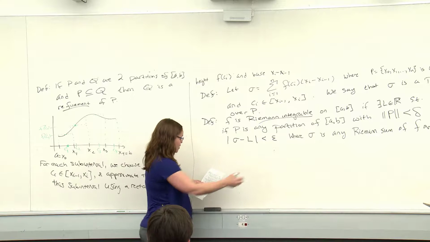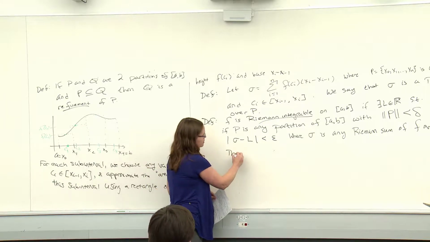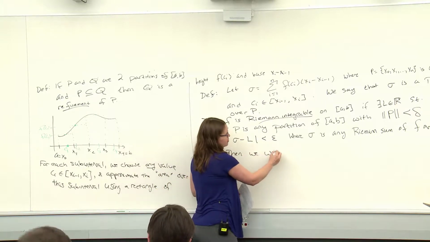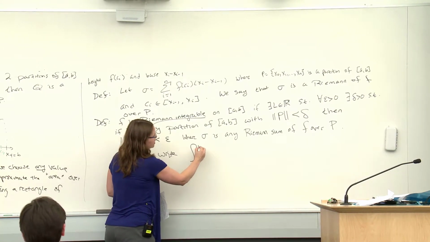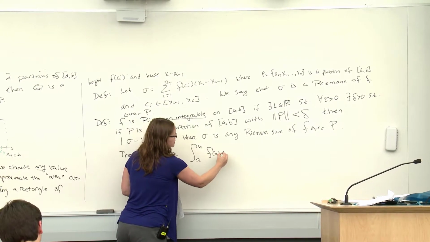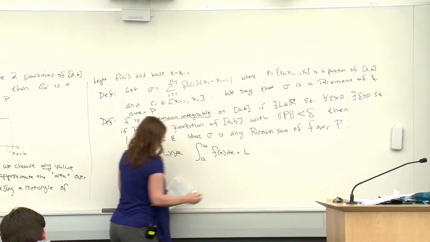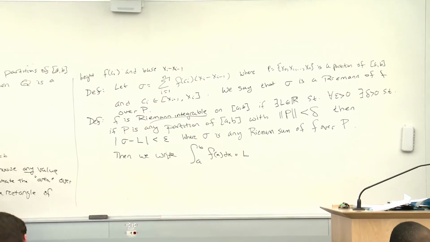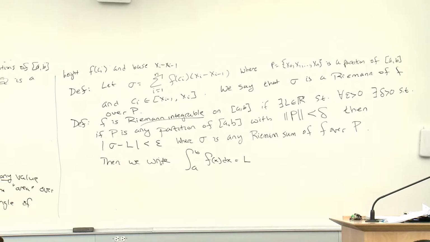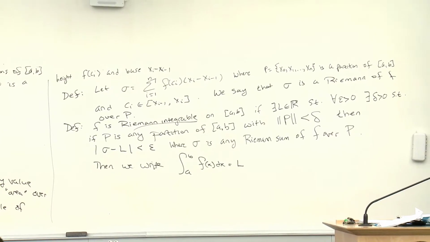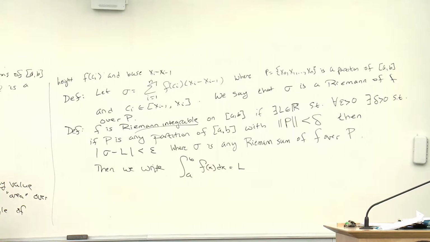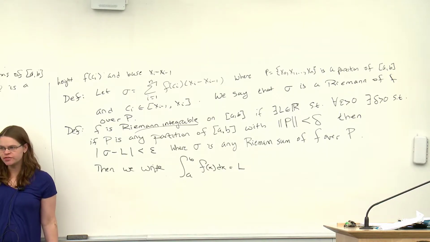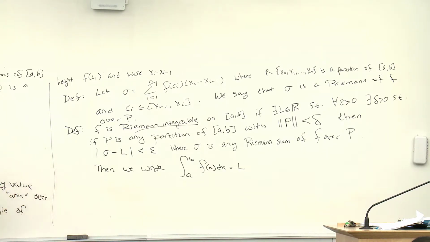All right, so then we're going to write, this you already know, just doing it to be complete, the integral from a to b of f of x dx is equal to L. Any other questions on the definition before we start doing some examples?